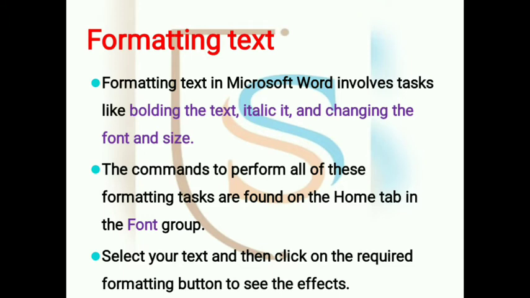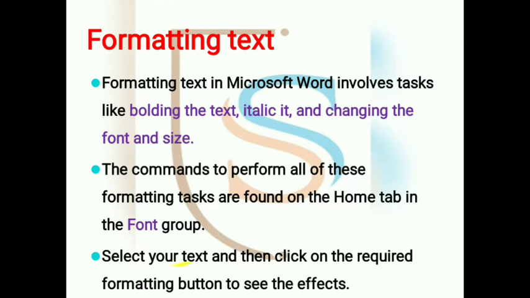When you open MS Word, you can see there are different ribbons: Home, Insert, many ribbons are there. You will click on the Home tab and there is one group that is called Font Group. By using the font group, you can change the formatting of the text.